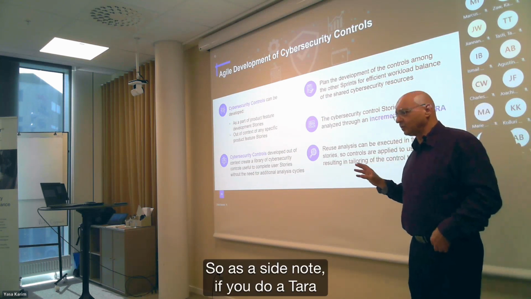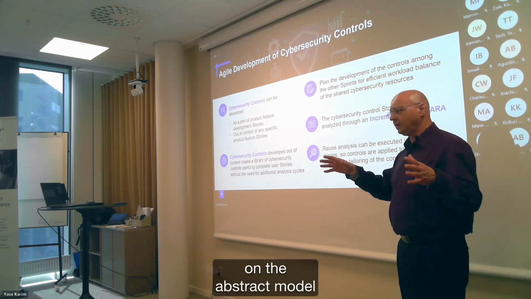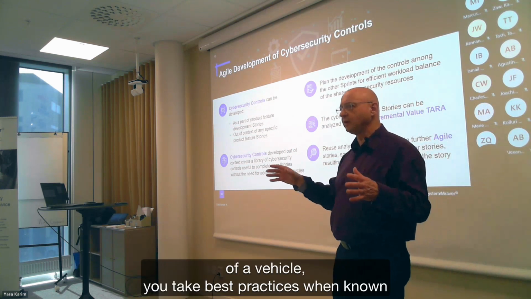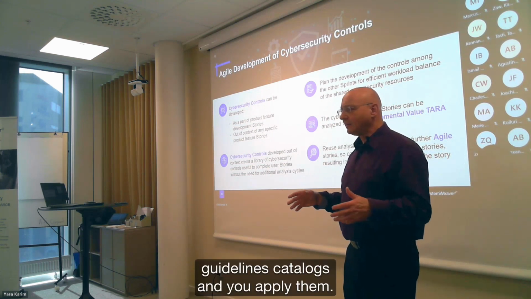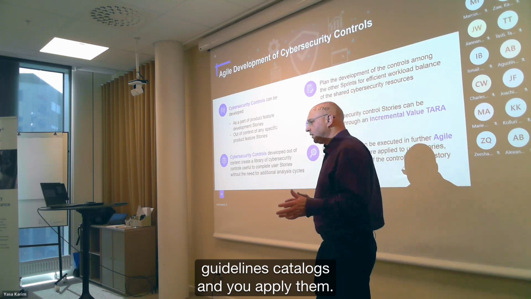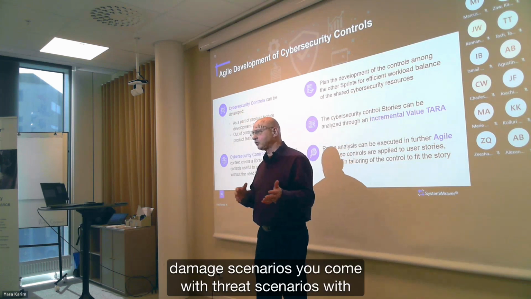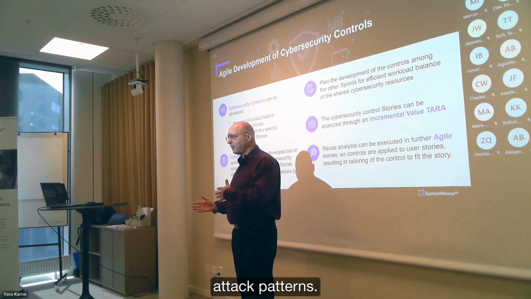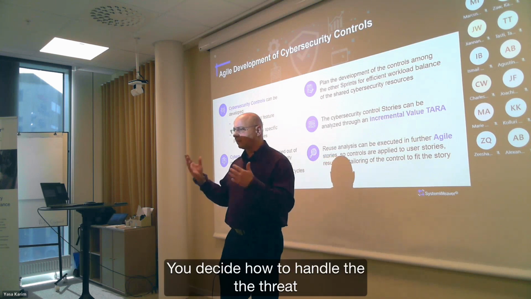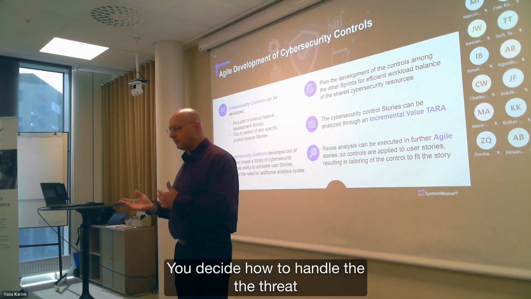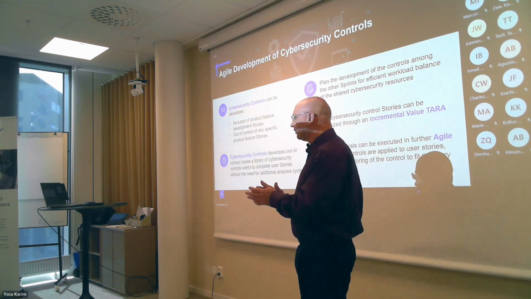As a side note, if you do a TARA on the abstract model of a vehicle, you take best practices, well-known guidelines, catalogs, and you apply them, and you come up with damage scenarios, threat scenarios, attack paths, you set the risks, you decide how to handle the threat: you can avoid it, you can share it, you can accept it.